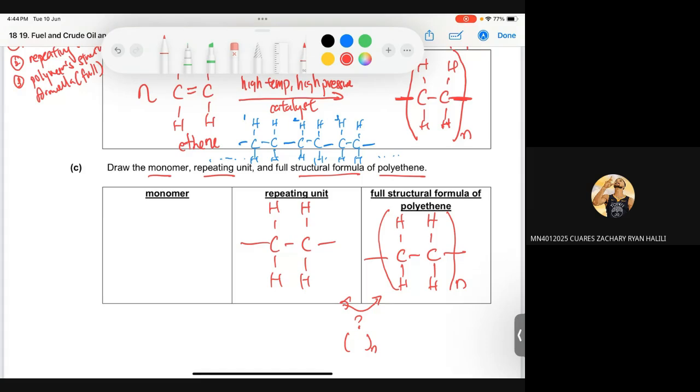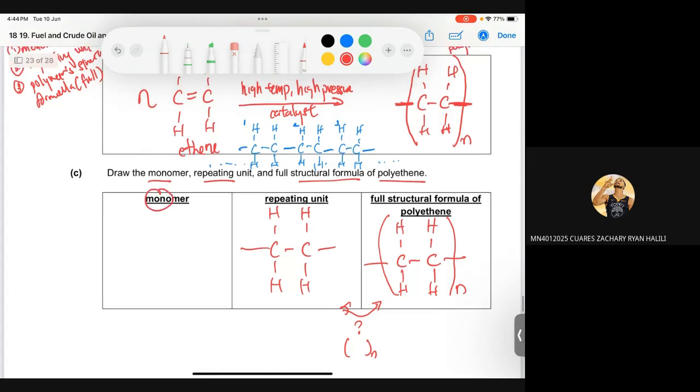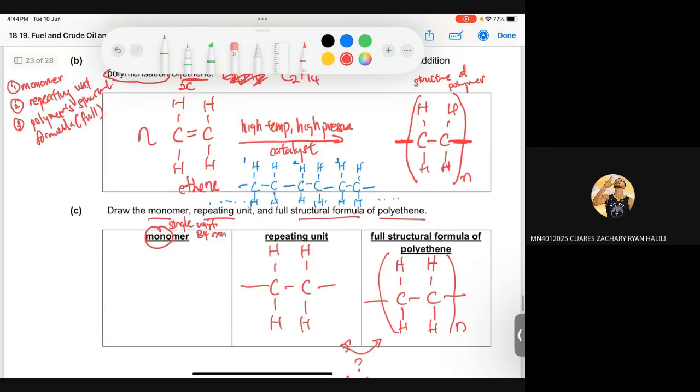Now, the last one is the monomer. So what exactly is the monomer? Mono stands for the single unit, and this is always before reaction. Okay, Kiran, can you make a guess? What do you think is the monomer before reaction? What's the single unit before reaction?